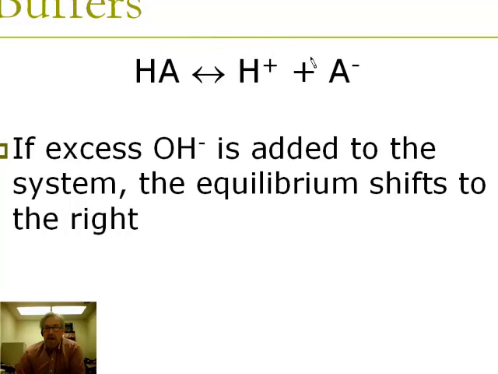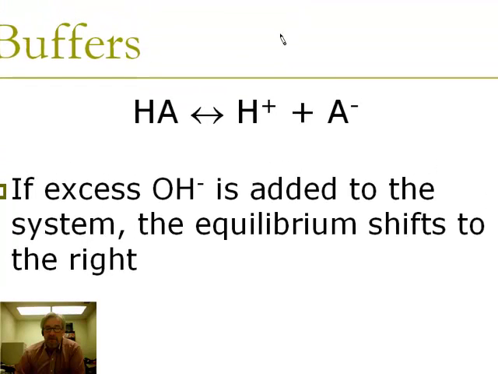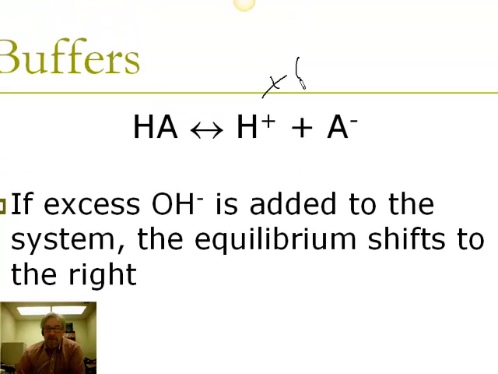By the same token, if I put a bunch of OH-, like I poured a strong base into this mixture, the H+ would immediately react with the OH- that I've added to produce H2O. And this reaction is going to be reversible, but not very much. It's going to be almost a straightforward reaction. So what does that do? Well, the OH- gets neutralized by taking H+ out of solution.